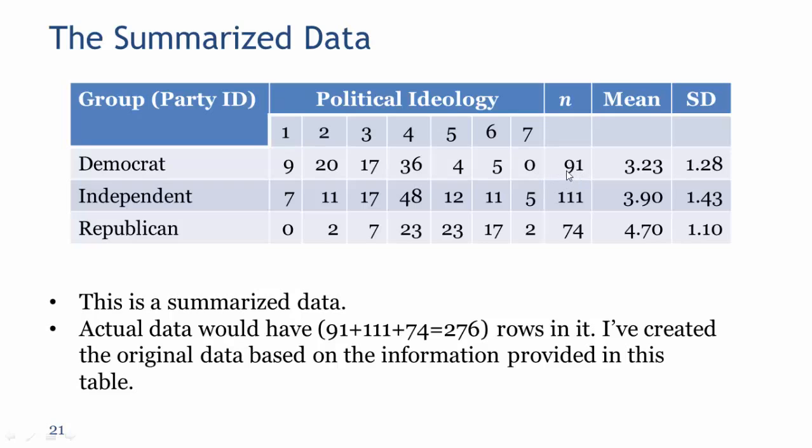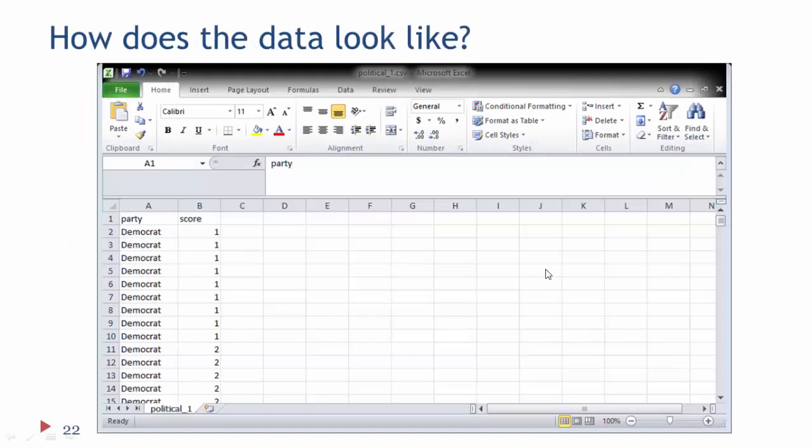So in total there are 91 Democrats and 111 independent, and then 74 individuals who identified themselves as Republican. Okay, so this is summarized data, and we actually have 276 observations in the original data, but we do not have the original data. So I've created the original data based on the information that we have in this table.